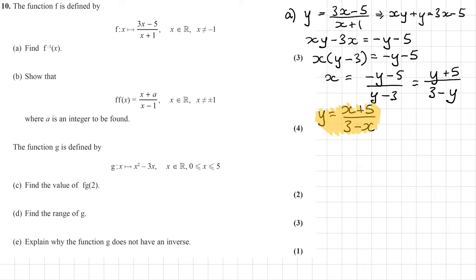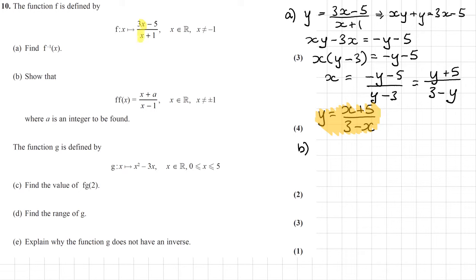Part B, it says we need to show that ff(x) is equal to (x plus a) over (minus 1), where a is an integer to be found. So this is where we're putting the function back into itself. So we have a look at the original function here, and everywhere we have an x, we put the original function in.